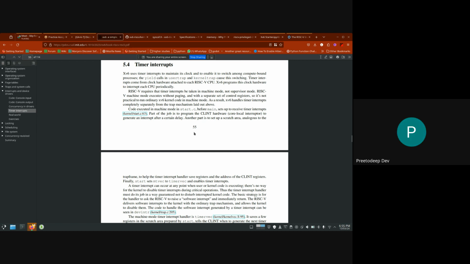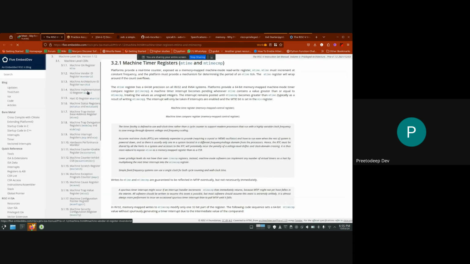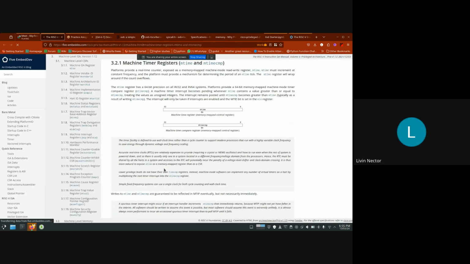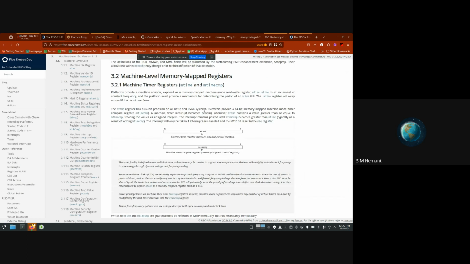Can you check the chat box again? Hemant has shared a link. Okay, this one. Yes, I think the second paragraph from the start. Yeah, it says the value is greater than or equal to.